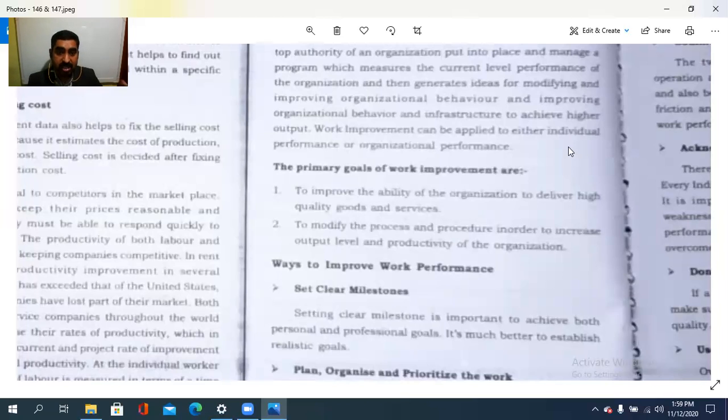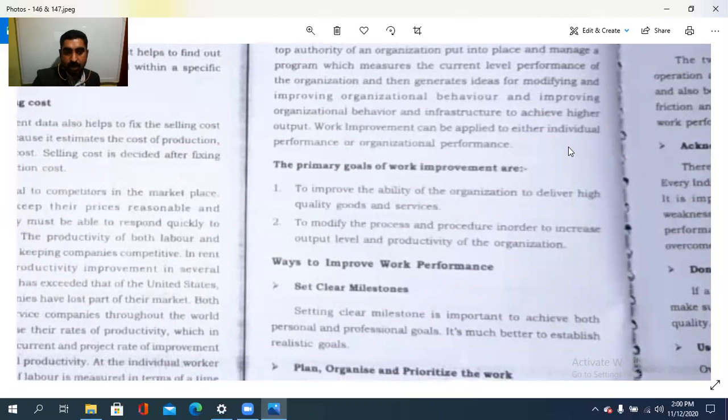So two goals are to be remembered: first, to improve the ability of the organization to deliver high quality goods and services; second, to modify the process and procedure to increase the output level and productivity. So these are the primary goals.